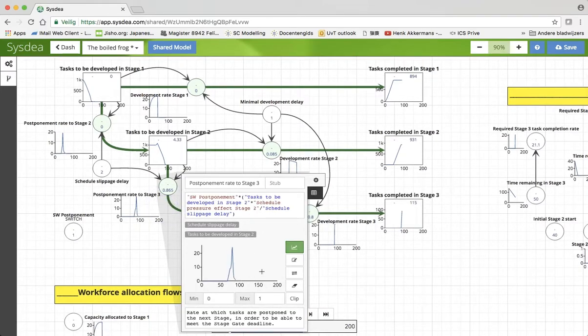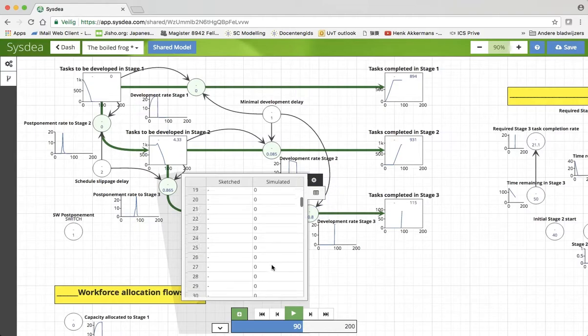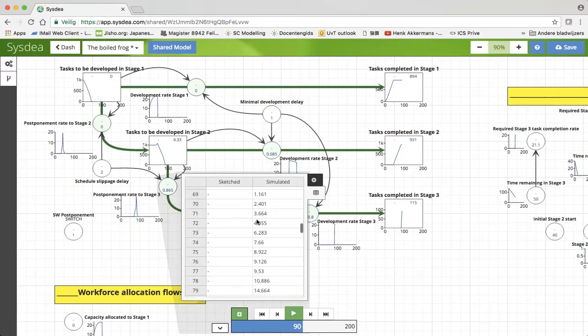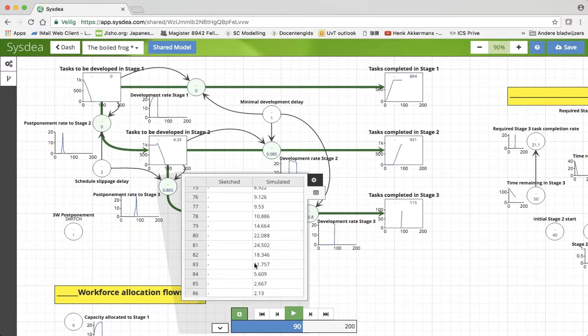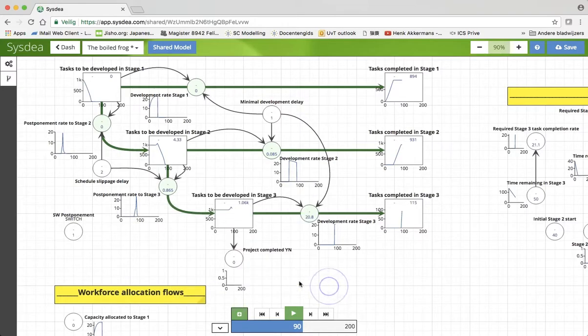This postponement also takes place towards the later part of stage 2. That's already starting from week 70 onwards and really getting big in week 81. Remember that in the original schedule, 2 times 40, week 80 should be the week where stage 2 was completed, but now we see quite substantial postponement happening to stage 3.